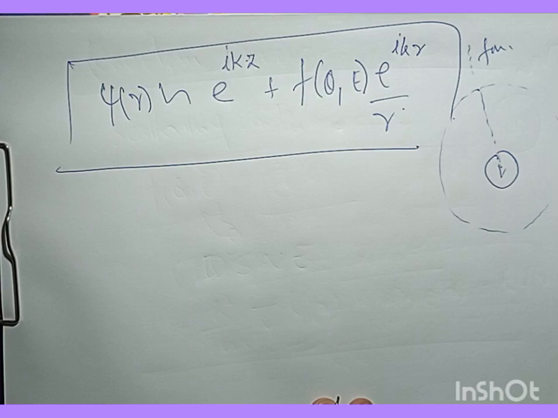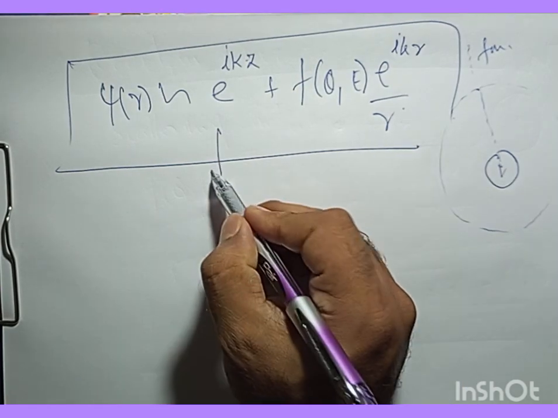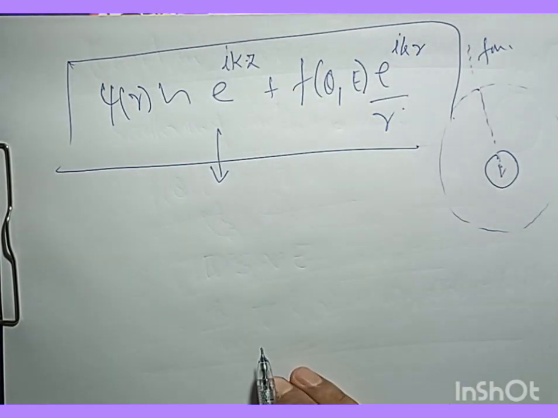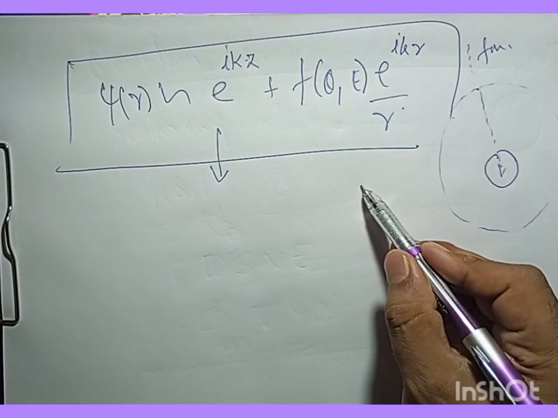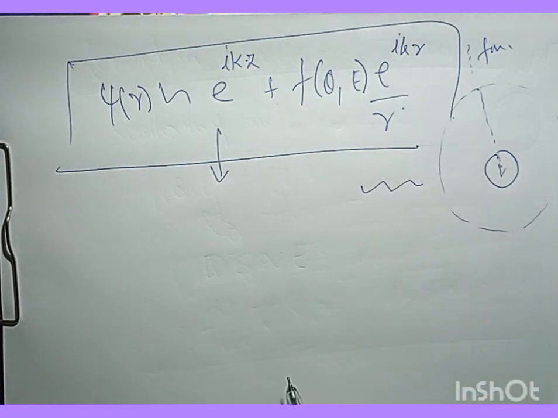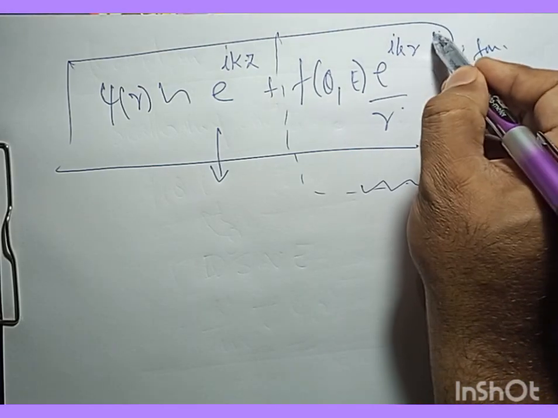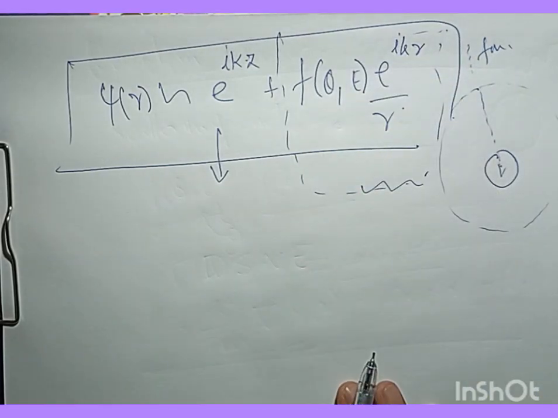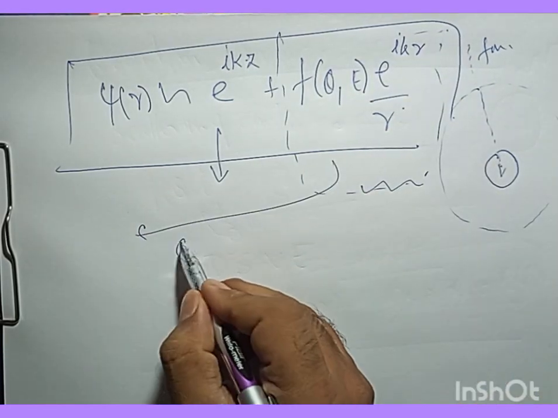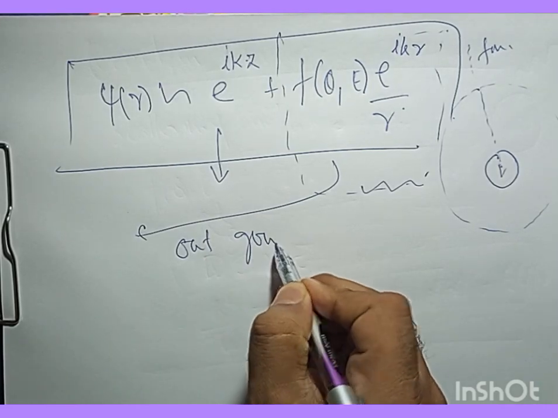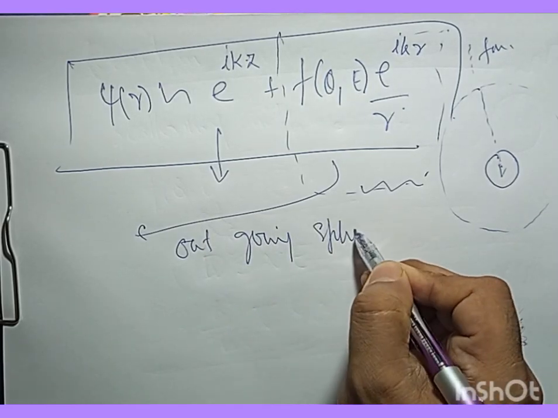Now, the term e to the power of i k z is the incoming plane wave. And this term is the outgoing spherical wave.